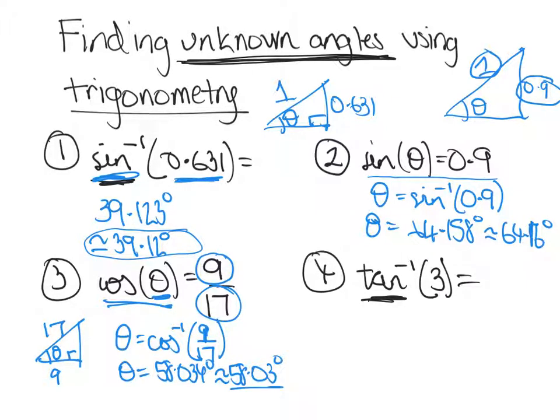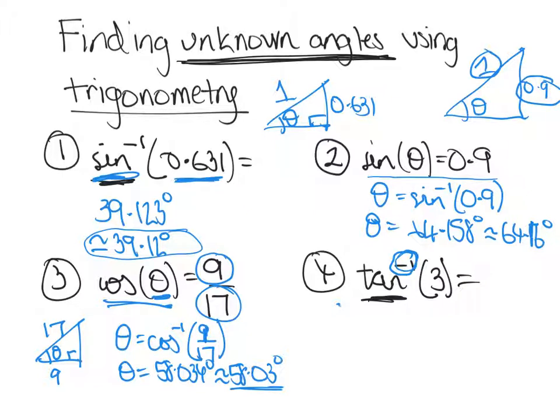58.03. Now again, we have inverse tan here, so on your calculator you'll probably find that for inverse tan, or working out an angle, you'll need a little minus 1. Now if you do that, inverse tan of 3, so you press the second button on your calculator and then the tan button, and then you can put in 3.